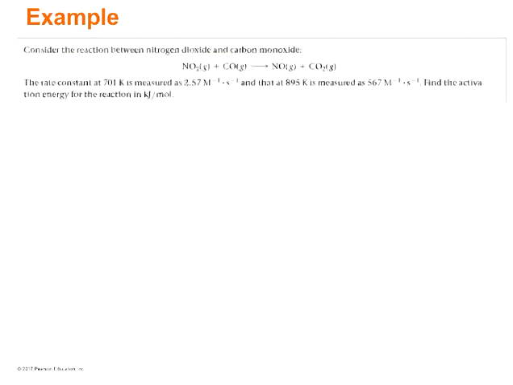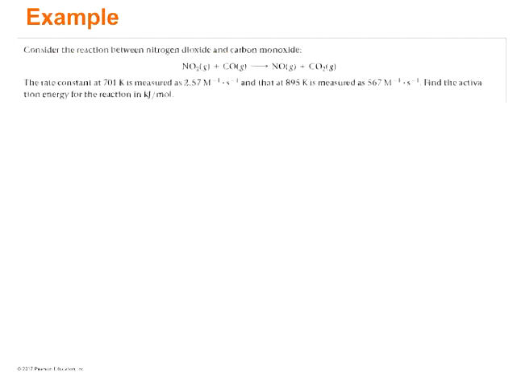So consider the reaction between nitrogen dioxide and carbon monoxide. The rate constant at 701 Kelvin is measured as 2.57 inverse moles per liter per second, and at 895 Kelvin is measured as 567 inverse moles per liter per second. Find the activation energy for the reaction in kilojoules per mole.